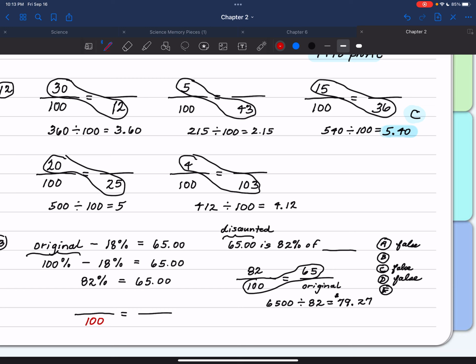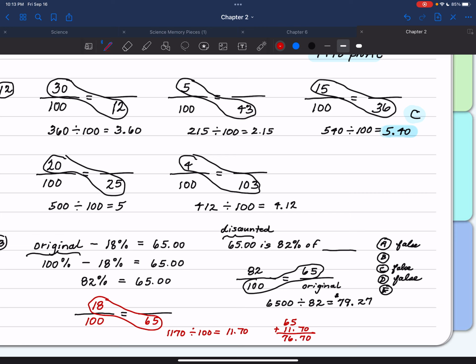So he took 18% of 65. I don't like this question. And that's 1170 divided by 100 is $11.70. So let's take $65 plus $11.70 and see what we get. Yep, that's what he did.